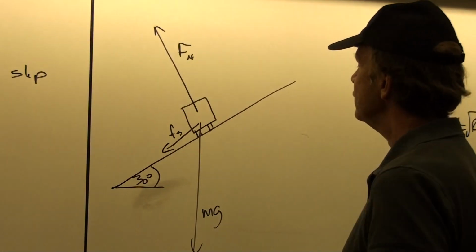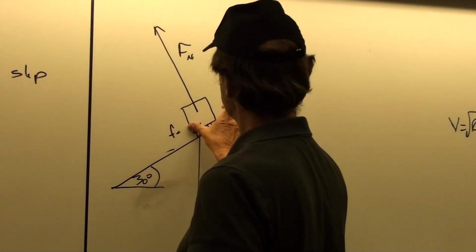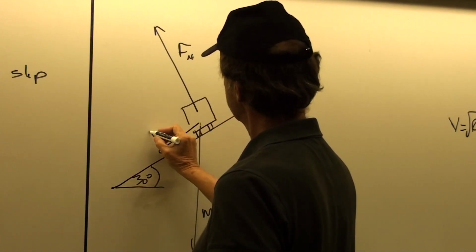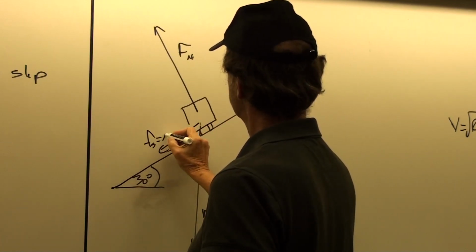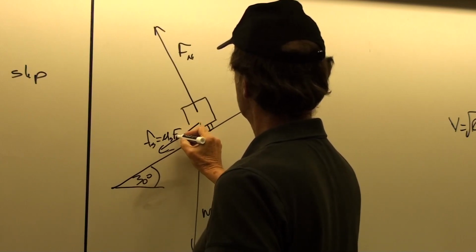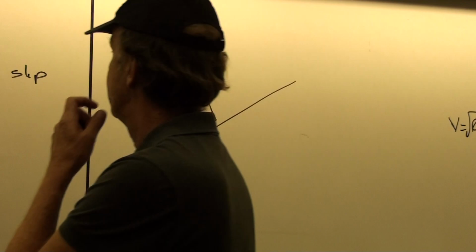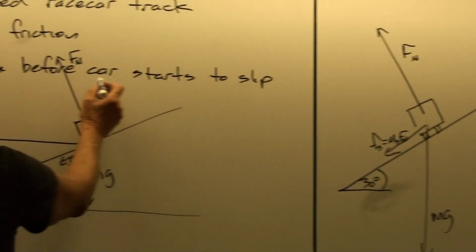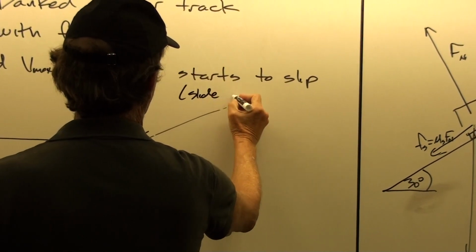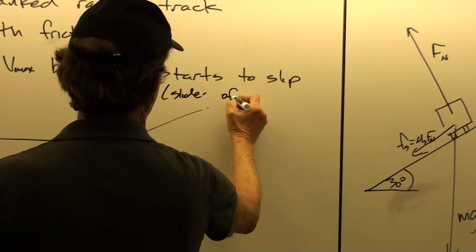Now we're going to be pushing the static friction force to its maximum. So we know that the static friction force here has to be equal to the coefficient of static friction times the normal force. Because we're looking for V max before the car starts to slip and slide off the track.